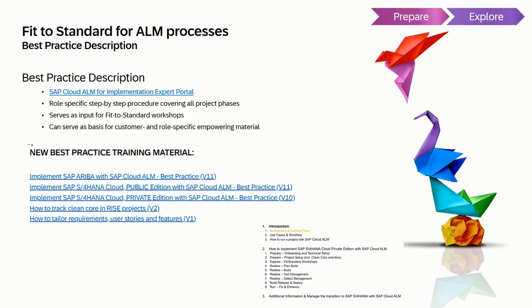What we will do in the near future is release a new version where we cut the document into different chapters, in smaller documents, so that it's more handy for you to consume them. I think currently it's really more than 300 pages, but it's really a description of how you run through the ALM process.